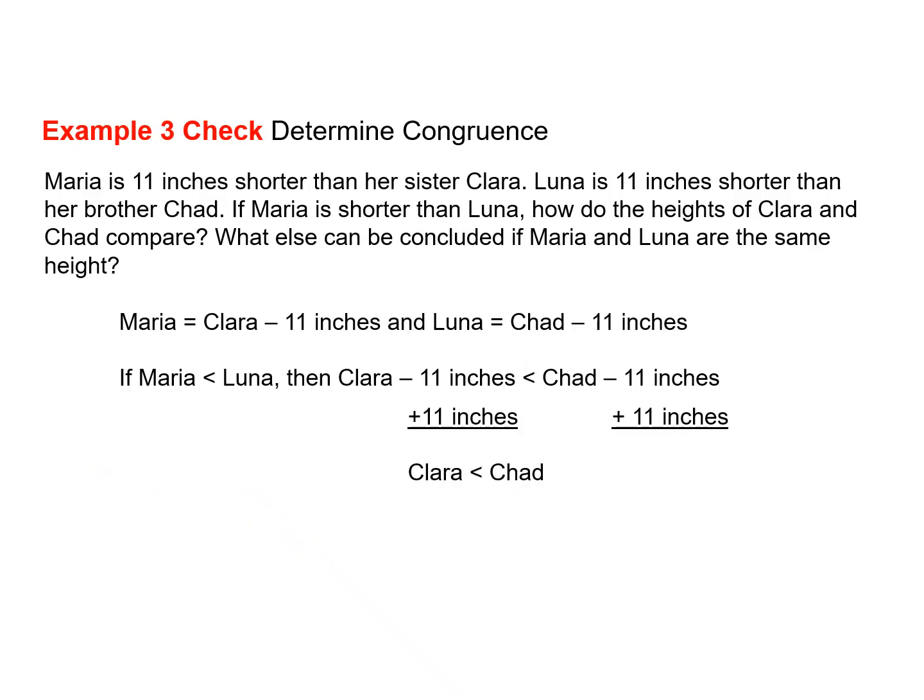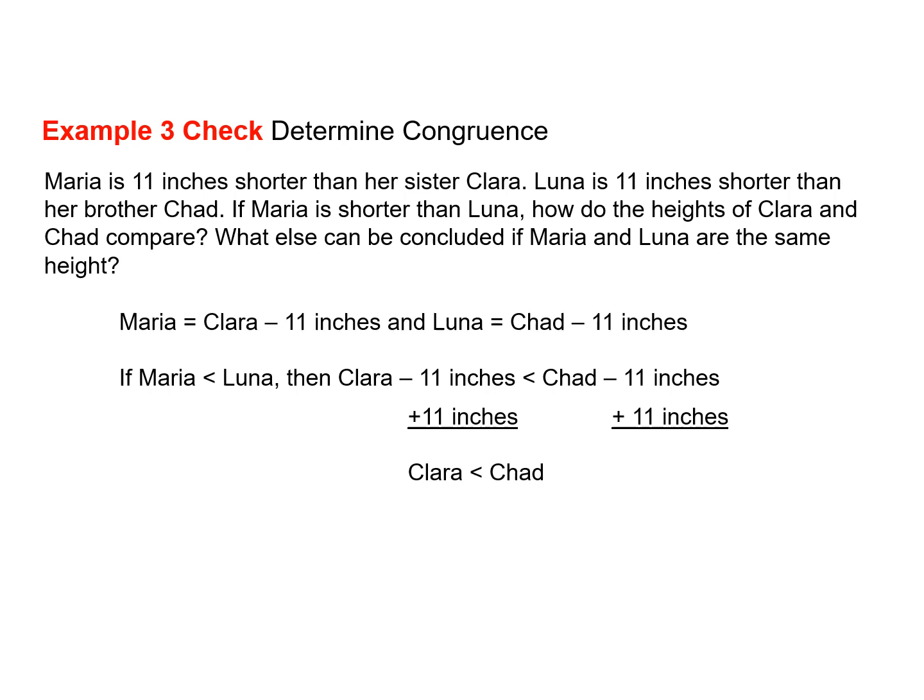Now you have an example 3 check. Determine congruence. Maria is 11 inches shorter than her sister Clara. Luna is 11 inches shorter than her brother Chad. If Maria is shorter than Luna, how do you know the heights of Clara and Chad compare? What else can be concluded if Maria and Luna are the same height?